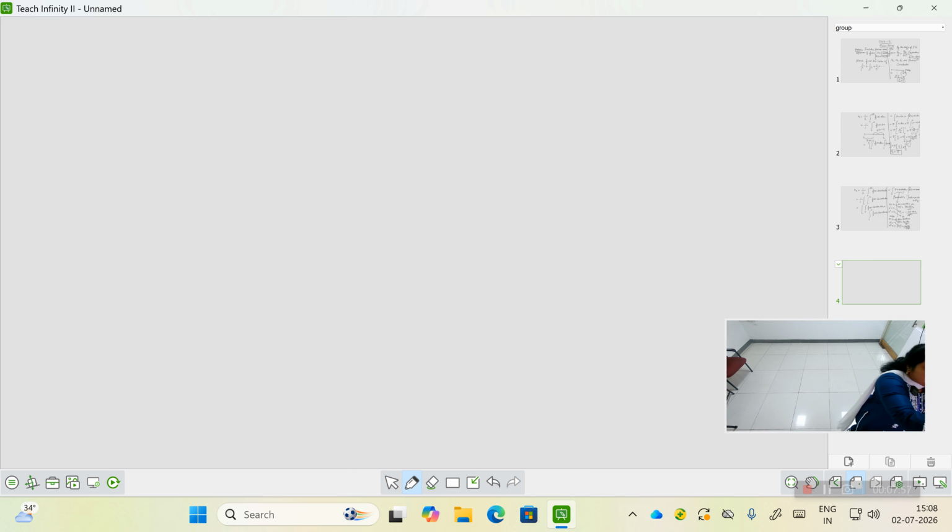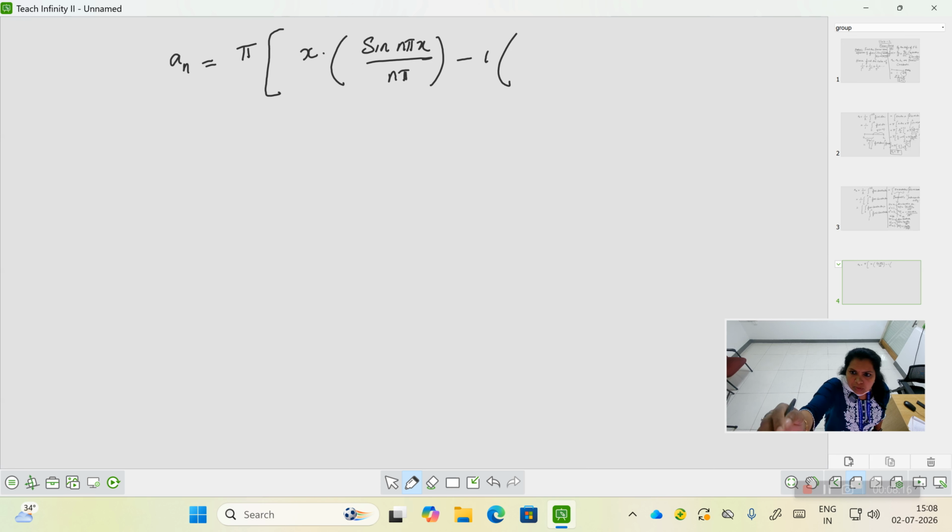So we have started the an only, with pi already outside. So uv, so x into v, what is v here? Sin n pi x by n pi, minus 1 into minus cos n pi x by n square pi square.